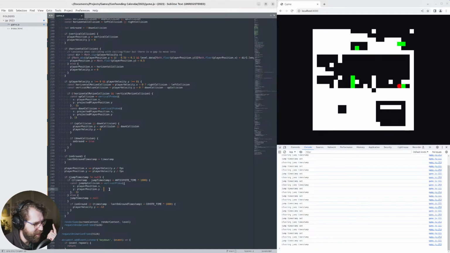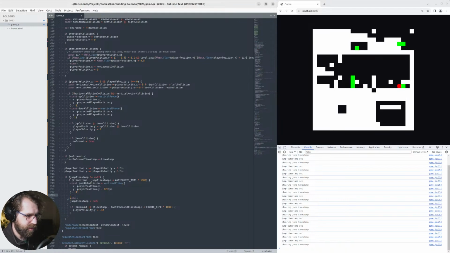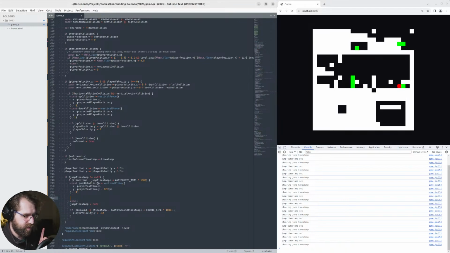So I just want to move a tiny bit upwards, which, if I were writing this nicely, I would do by a single frame. So that's what I'm going to do: 12 divided by FPS. I'll clean this up later. So that's probing just above me.